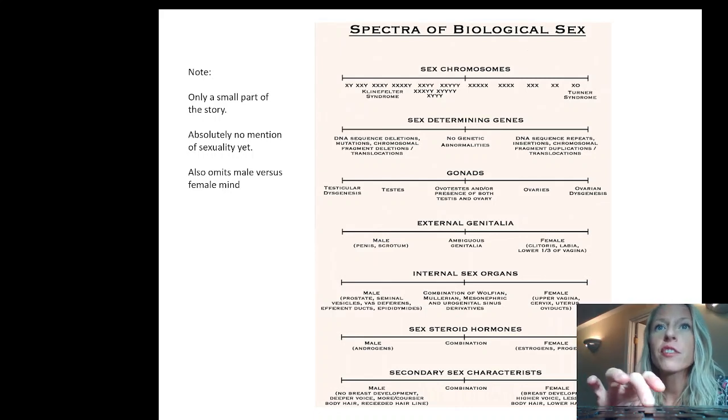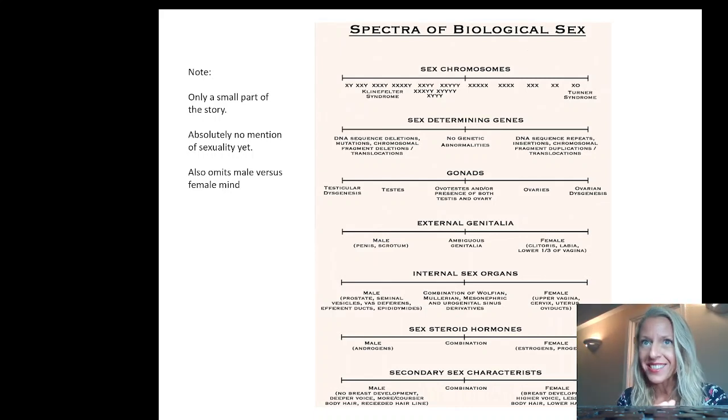First, let's look at sex chromosomes. This is the range of sex chromosomes that have been found in human beings over the last century. We go from XY, XXY, XXYYY, 5 X's, no X's, or 1 X, 3 Y's. There is not just one sex.